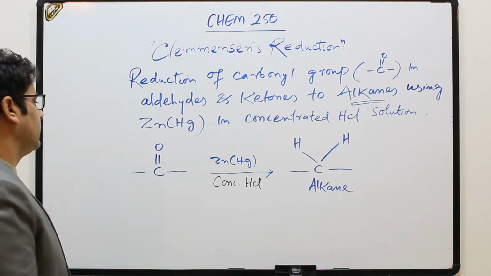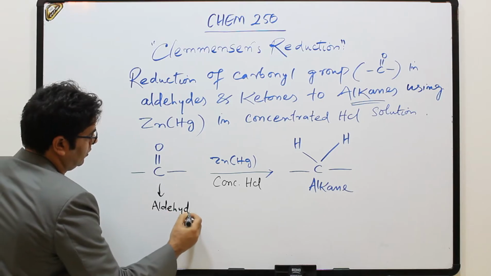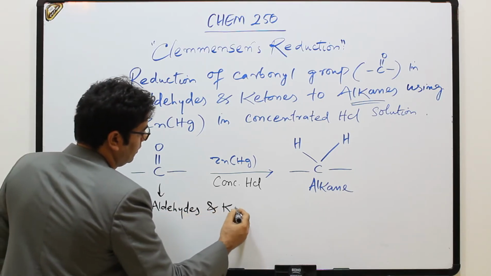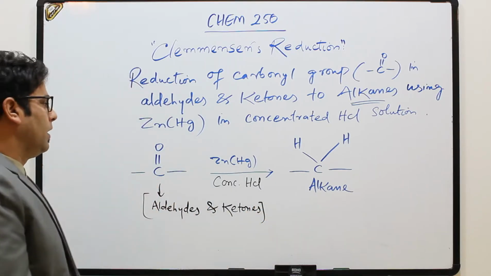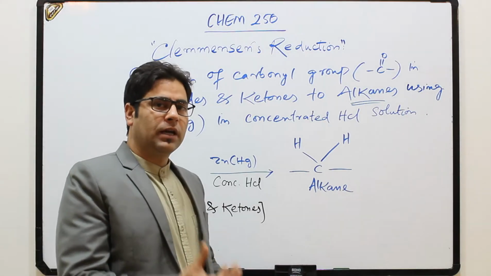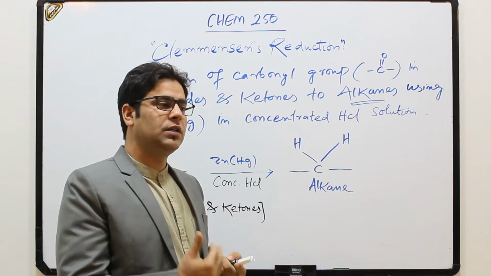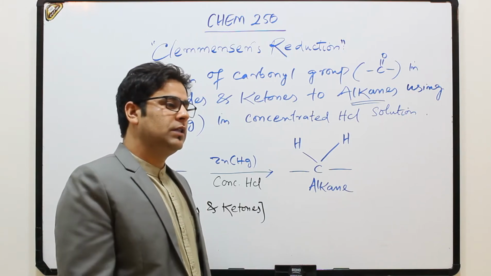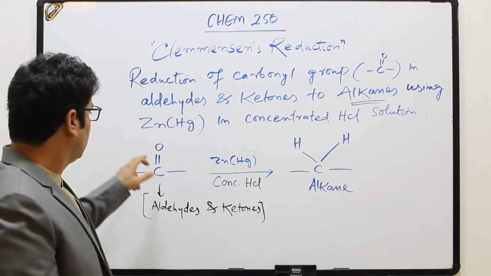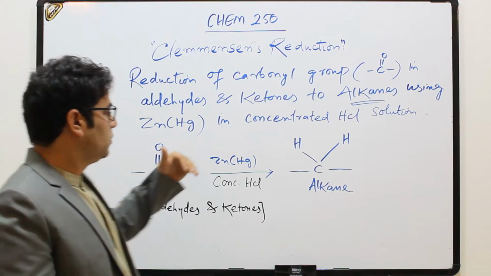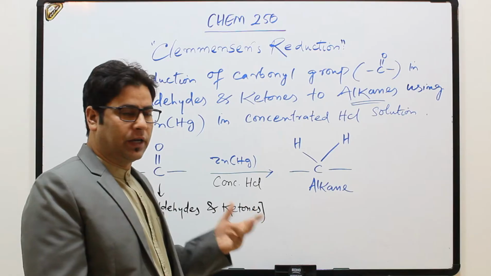Now this is for both aldehydes and ketones. Let me first give you the general mechanism of the reaction. Then we will take an aldehyde, and we will take a ketone. Accordingly, we will see how this mechanism works out, because it is not an easy job to reduce this carbonyl group and produce alkane. So let me show you the stepwise mechanism of the reaction.